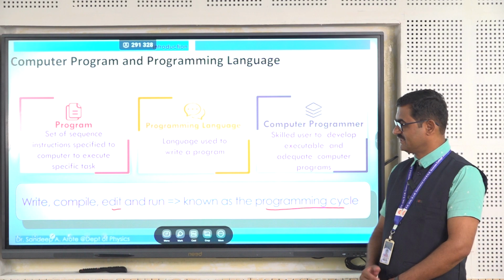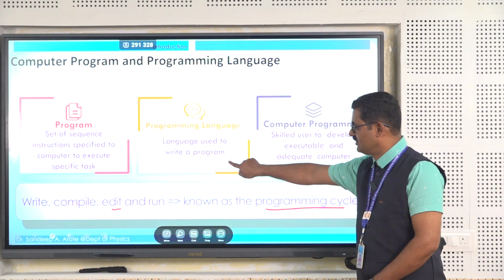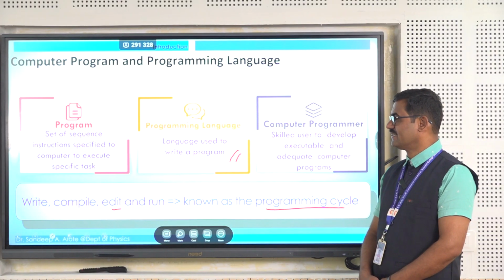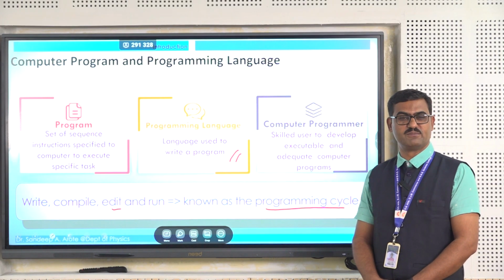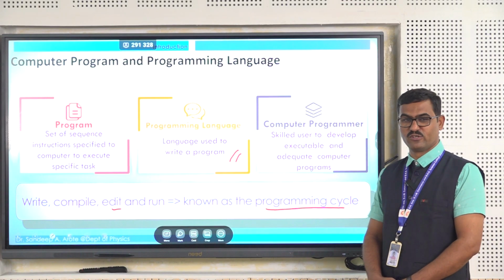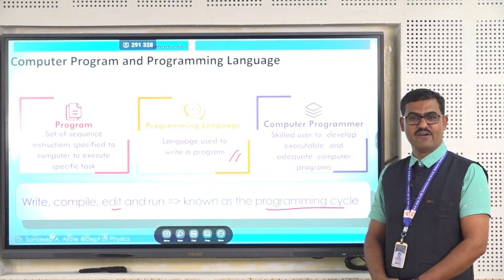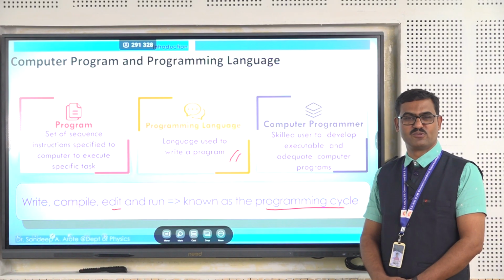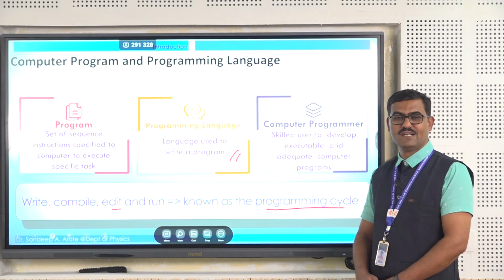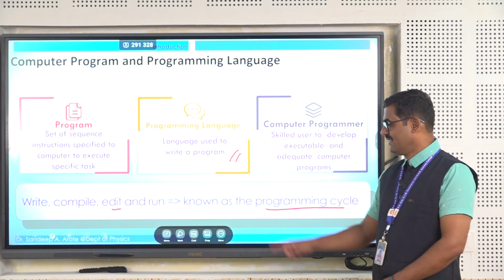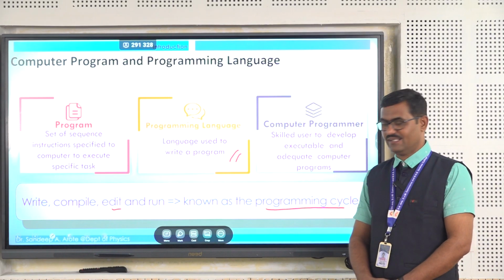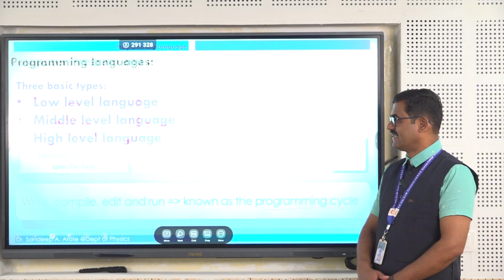First we should understand what a programming language is, what the requirements are, what the types are, what the character sets and tokens are for that particular programming language, and then how to write code in it. Once you have the skill to write a program, you compile it, do editing, understand syntax, and then run it. This is the total complete cycle known as the programming cycle.